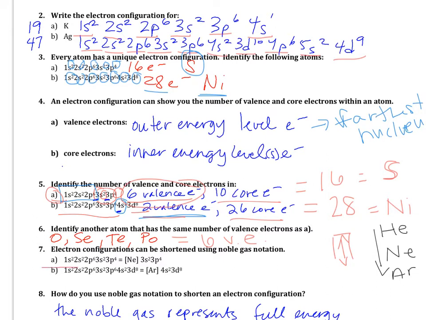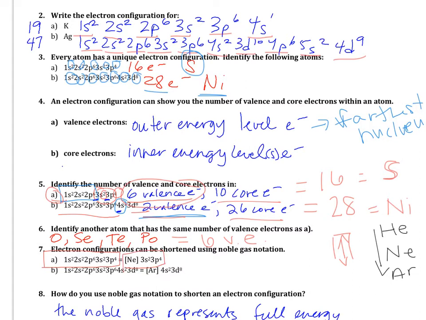If I look at an example like this, I have an atom with an electron configuration of 1s2, 2s2, 2p6, 3s2, 3p4. This electron configuration can be shortened using noble gas notation.